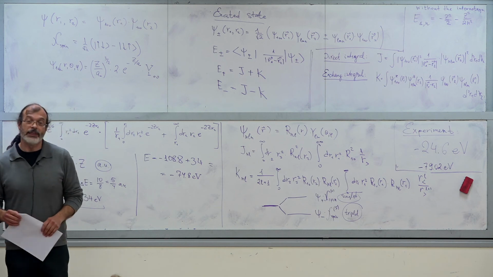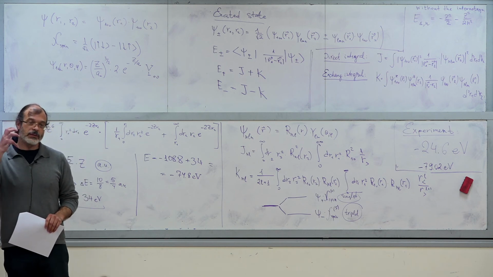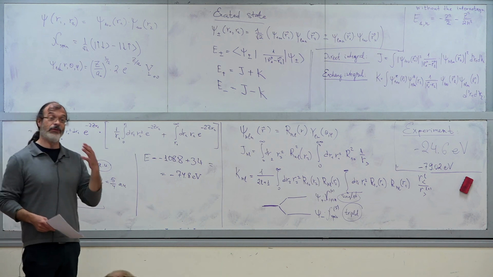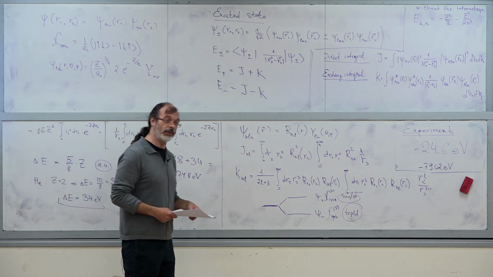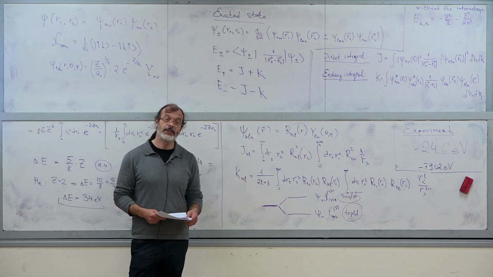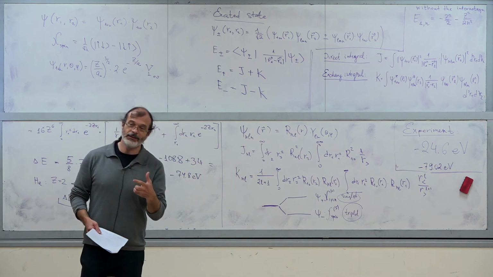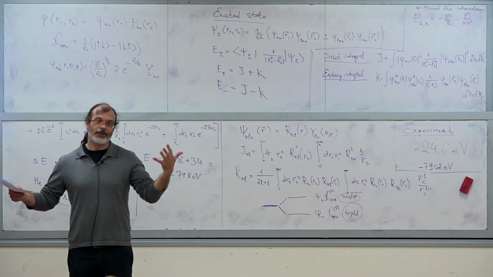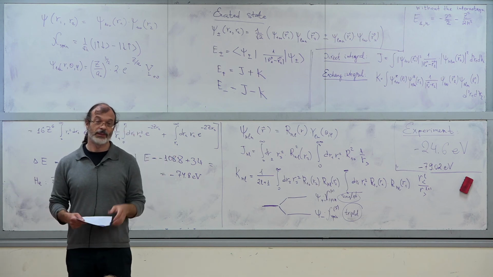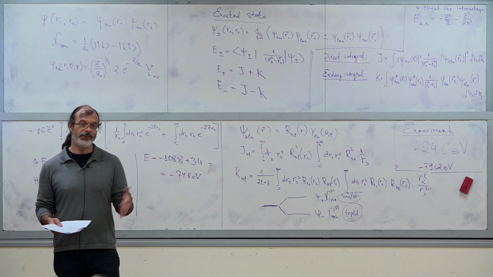So this explanation was essentially the most dramatic success of quantum theory, of the early age of quantum theory in the 30s. Quantum theory was able to explain two different helium spectra that people did not understand how they could be different.